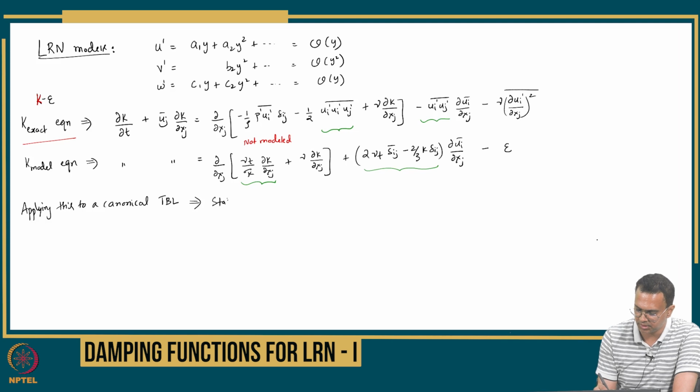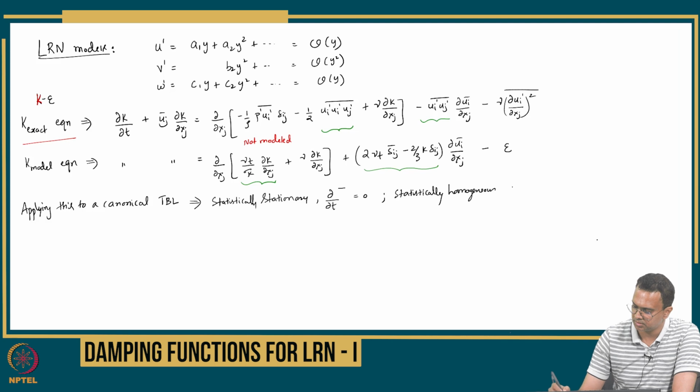We have statistically stationary, so dou by dou t of your average terms are 0, and then also statistically homogeneous in two directions, that is x comma z, which means dou by dou x of all the average quantities and dou by dou z of all the average quantities are 0.